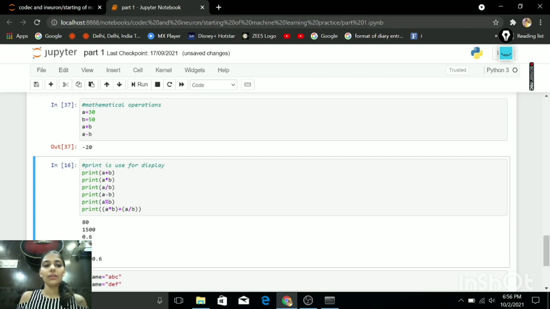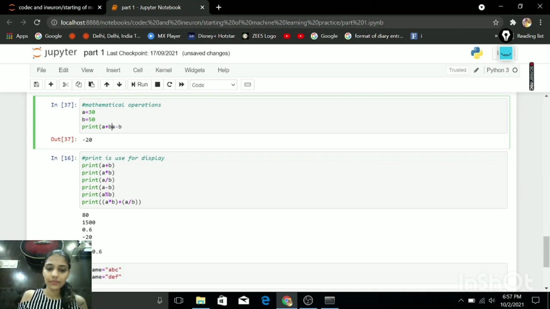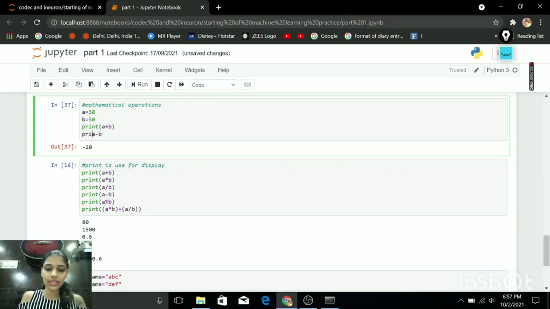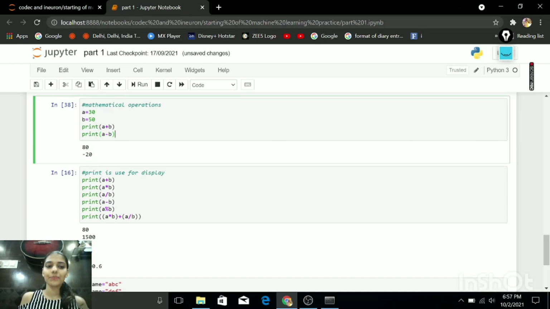But I want both outputs, A plus B and A minus B. I want both. So what to do? Print of A plus B, print of A minus B. So by print, I am getting both outputs guys, right?